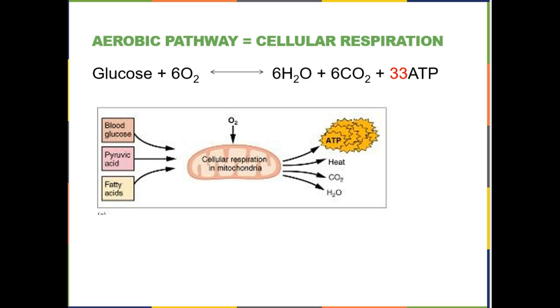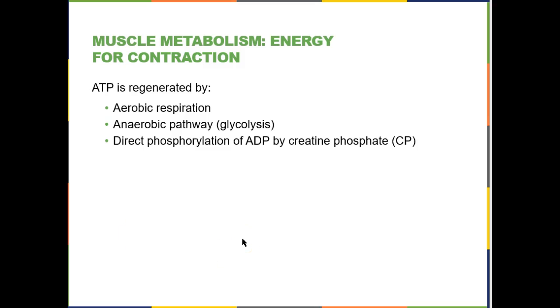So there are 3 different mechanisms, or 3 different metabolic pathways, that your muscles can use to generate more ATP once they run out of ATP. And I think your muscles have enough ATP for 4 to 6 seconds. So not a lot. So it's aerobic respiration, anaerobic respiration, and just a direct transfer of a phosphate from creatine phosphate to adenosine diphosphate.